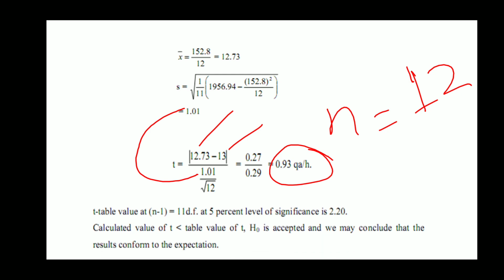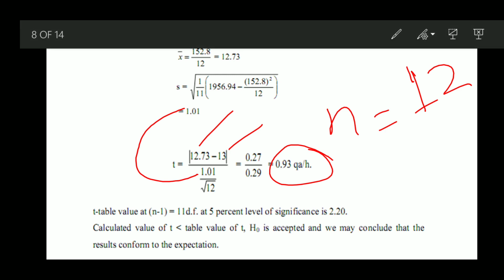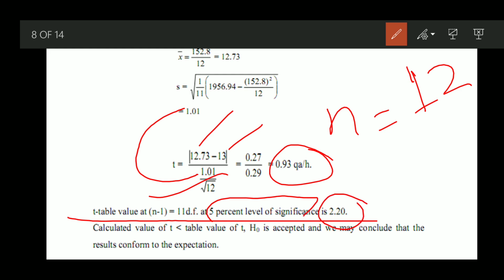Now our next step is to find the table value. I will show you how to read a t table, but for the time being, just remember that for degrees of freedom 11, why 11? n equals 12, minus 1, which is 11, at 5% level of significance the value is 2.20.